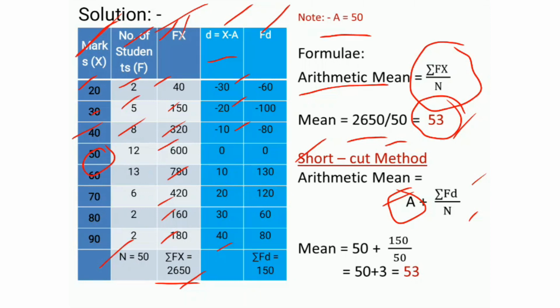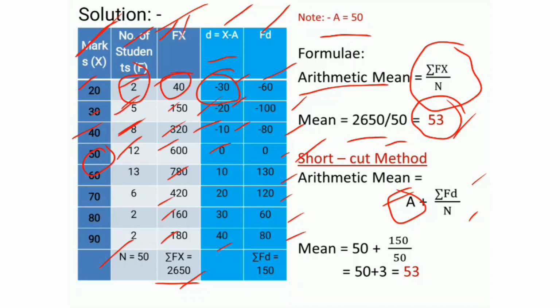So the frequency 2 into minus 30 is minus 60, 5 into minus 20 is minus 100, 8 into minus 10 is minus 80, 12 into 0 is 0. Similarly, you will get all the fd values.